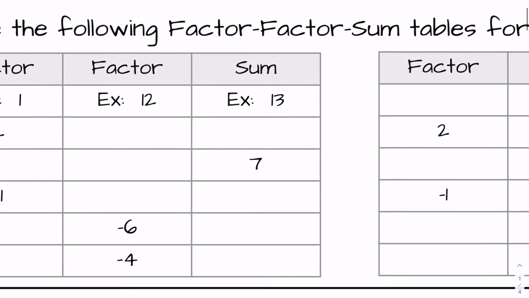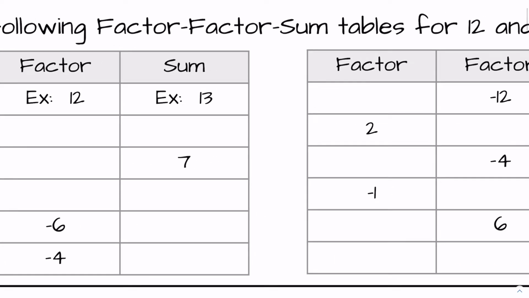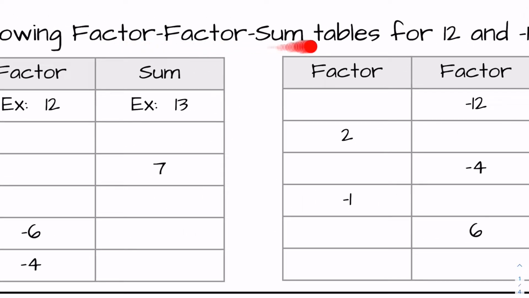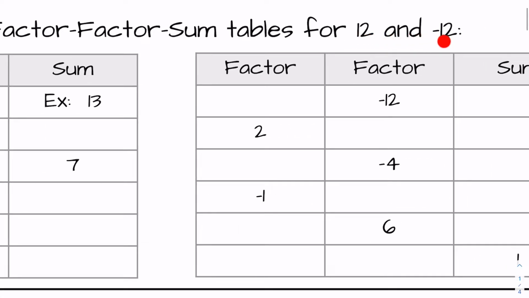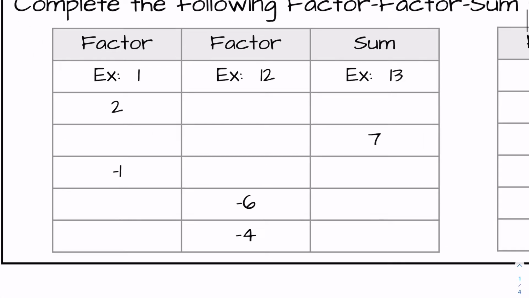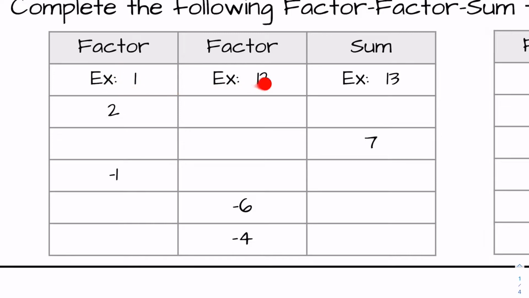Next thing we'll do is complete the following factor sum table for 12 and negative 12. So here's our first example. 1 times 12 is 12. So those are our two factors. Added together, they equal 13. That's our sum.